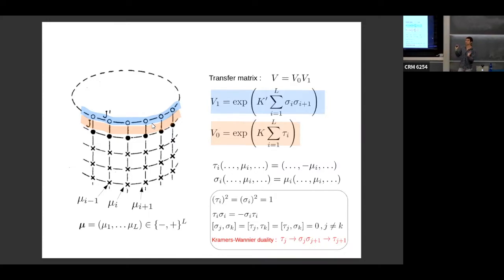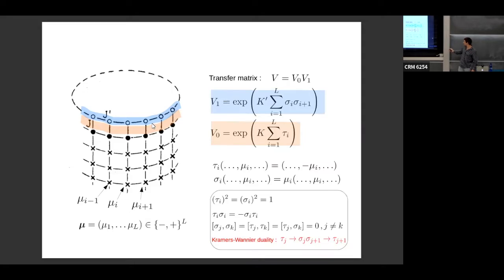I mean, that's one representation of it, but you can also move to different bases where basically they're swapped. Independently of the basis, you can just remember the algebra satisfied by these matrices. On different sites, of course, they commute. They all square to 1. And importantly, tau and sigma anti-commute on the same site. The last important notion is that, as you probably know, in the Ising model there is the Kramers-Wannier duality between high and low temperature.